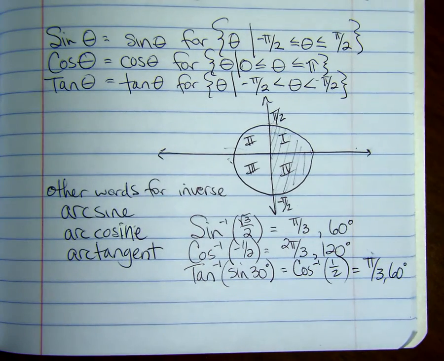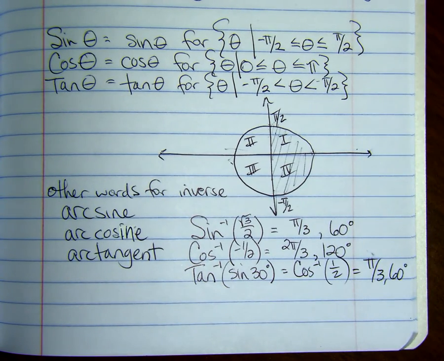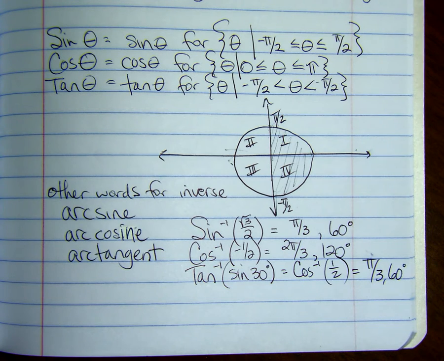How come? So tangent inverse of 30 degrees is sine over cos, so 1/2 divided by square root of 3 over 2, 1 over root 3.